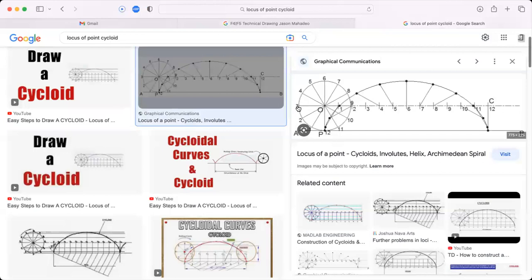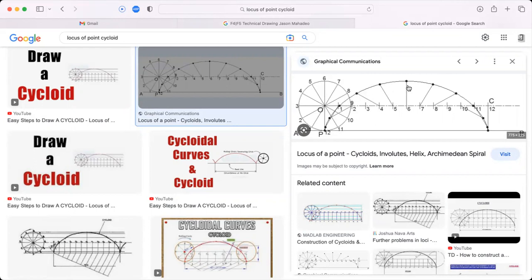As this wheel moves this way, say a car moving forward, this point is going to continue moving. As this circle continues to move along this path, this point is going to make this kind of path, this line.